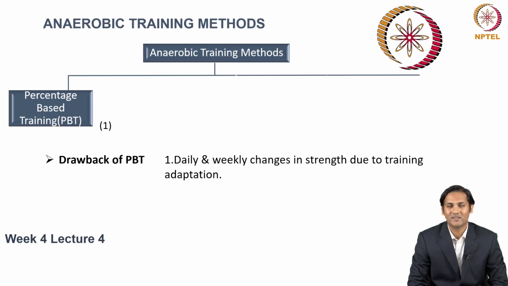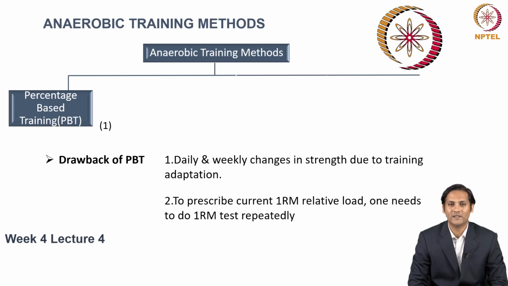So in that case, using 80% of 1 RM, which is 80 kg, after 2 weeks of time won't be the true relative load and thereby not a true muscular stimulation.